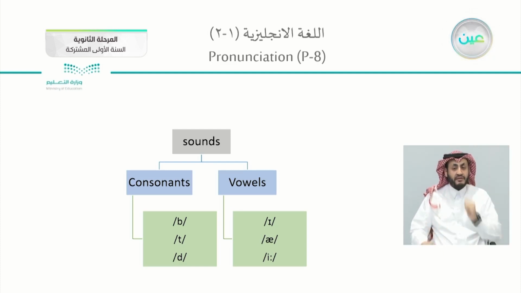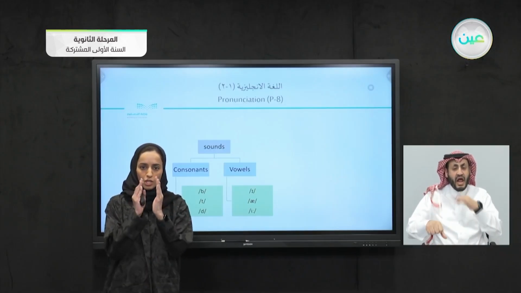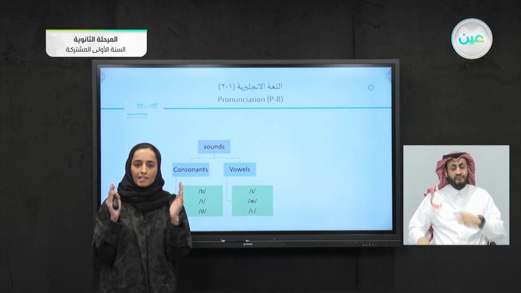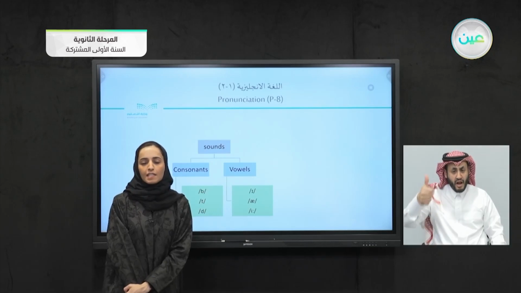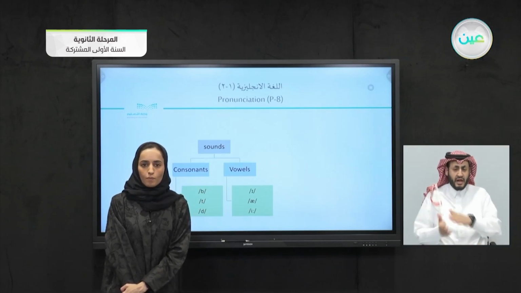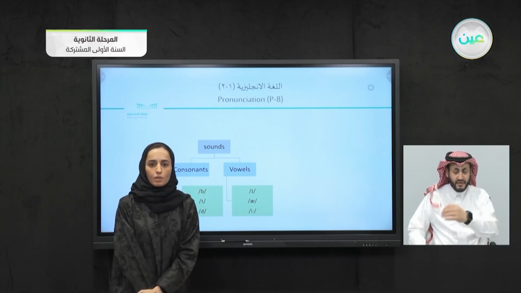However, the vowels are like the A, the E, and the O sounds. Some of them are short, like the I and the E, and others are long, like the A, the E. So sounds are whether consonants or vowels.